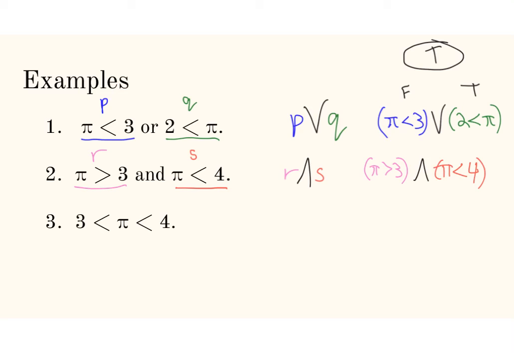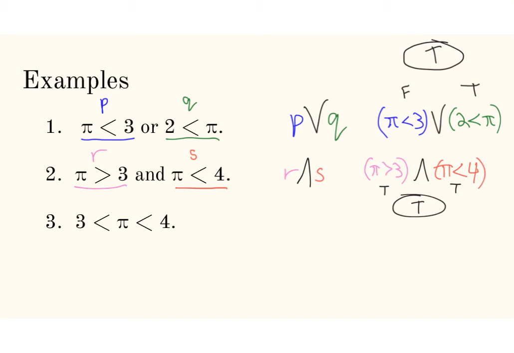So what do we have here in terms of truth values? Pi is greater than 3, this is true. Pi is less than 4, this is also true. We are connecting two true statements with and, so the overall truth value of the whole statement is true.